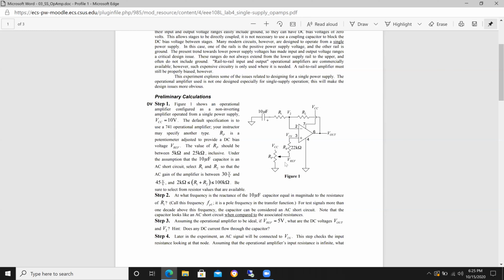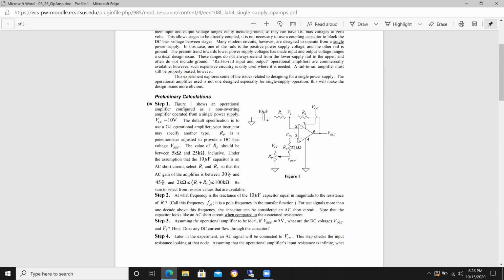So let's talk about that real quick. First of all, are VN and VREF going to be the same DC wise? Hopefully you're saying yes to yourself right now. The reason being is current can only flow between VCC and ground. The reason current cannot flow through the wiper and up through RB is because this is an ideal op amp, right?